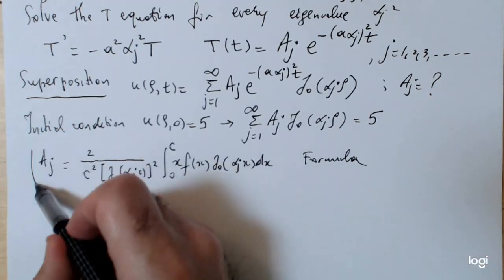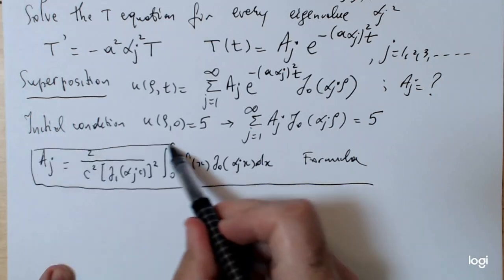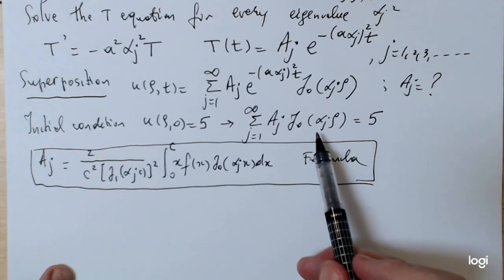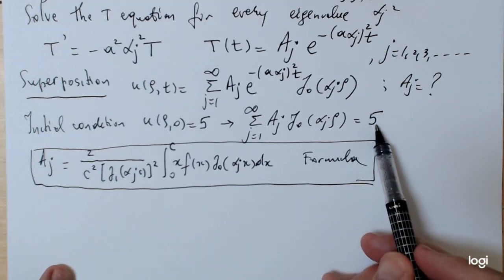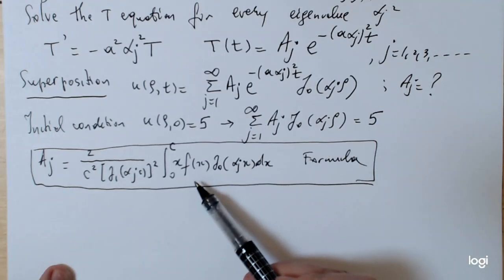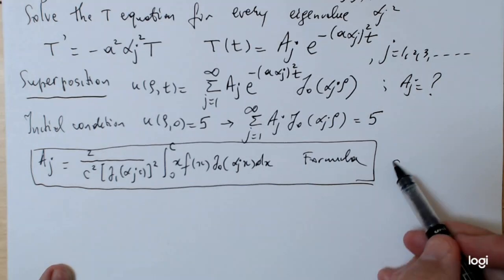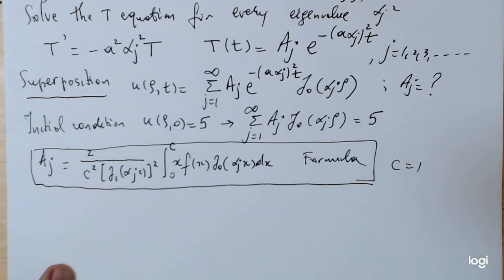Let me put it here in a rectangle, because now I'm going to show you how we will apply it in your specific case. Your function is 5, so you're going to put 5 here instead of f of x. And remember again that the radius is 1, so c will be equal to 1.